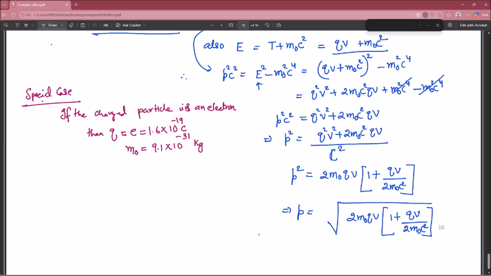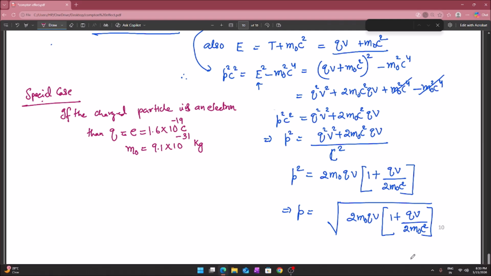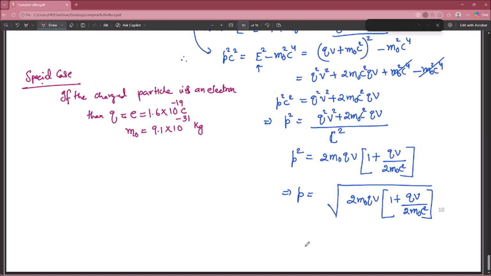Putting all these values, we will find that the de Broglie wavelength lambda is equal to h by p. So this is h divided by this whole quantity.